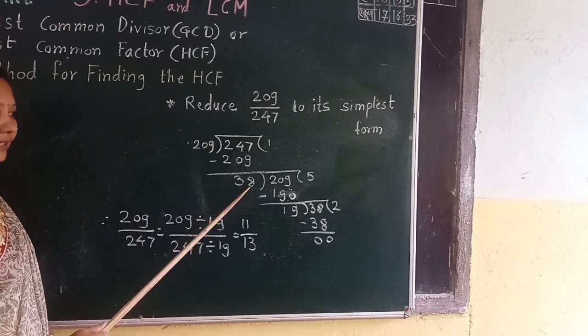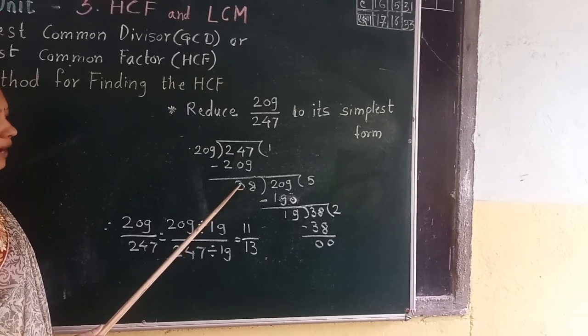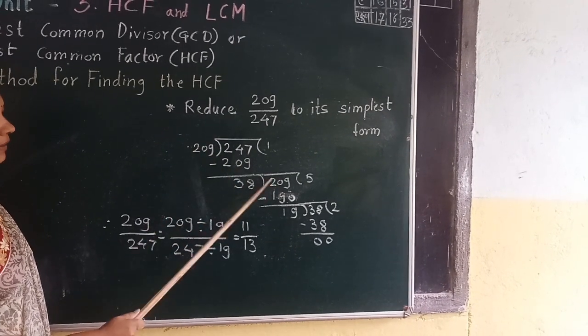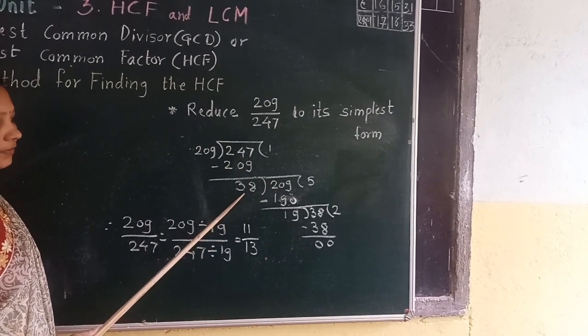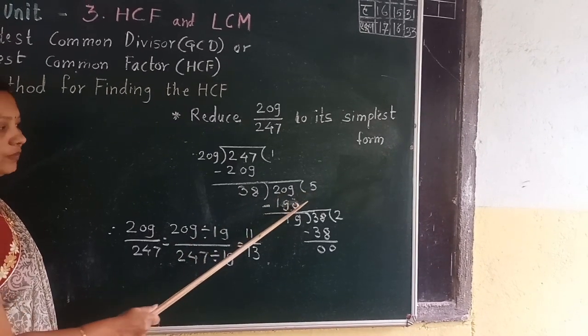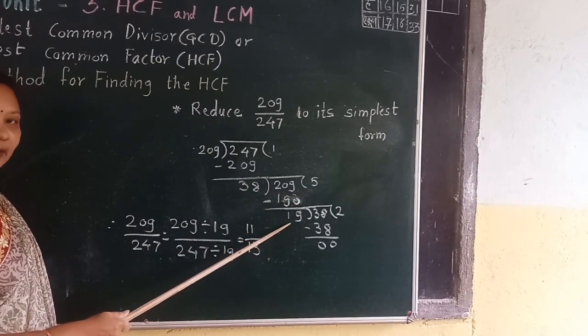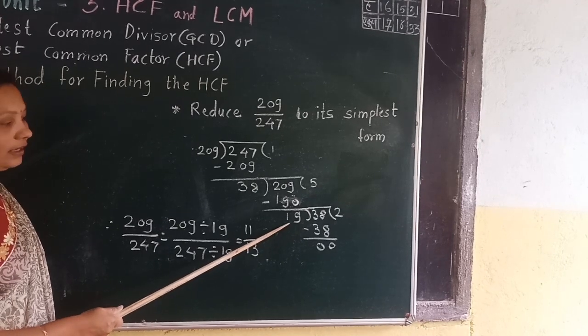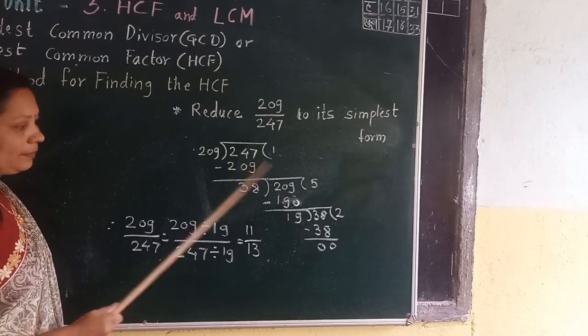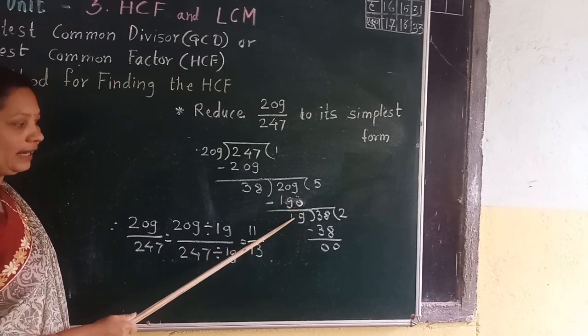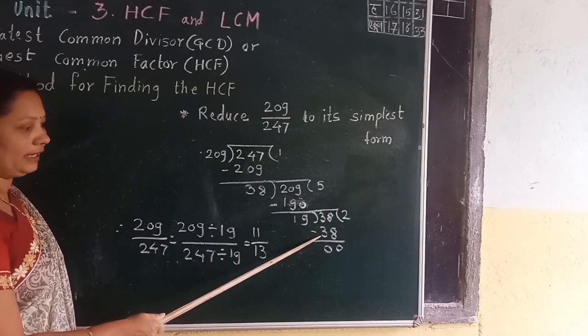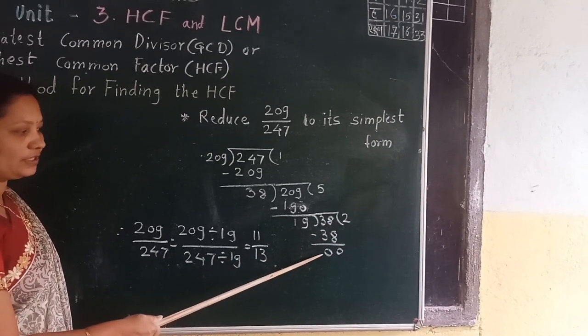The remainder is 38. Now divide 209 by 38. We will get answer 5 and the remainder is 19. Again, divide 38 by this remainder. 19 twos are 38. The remainder is 0.